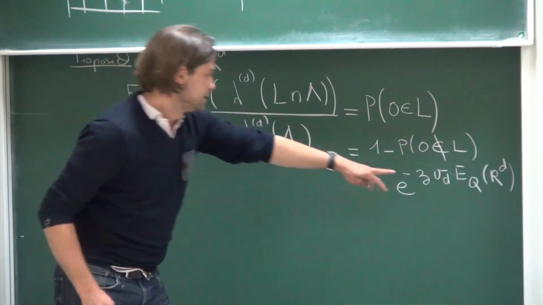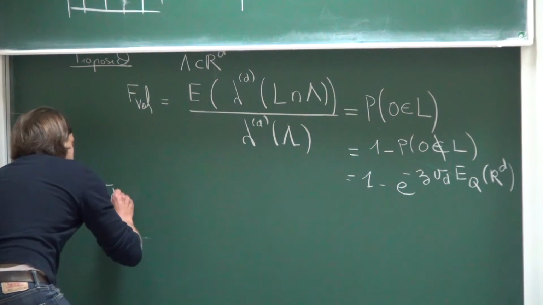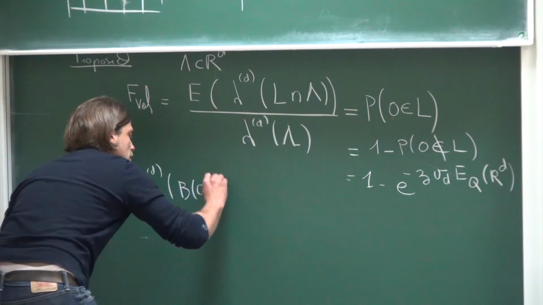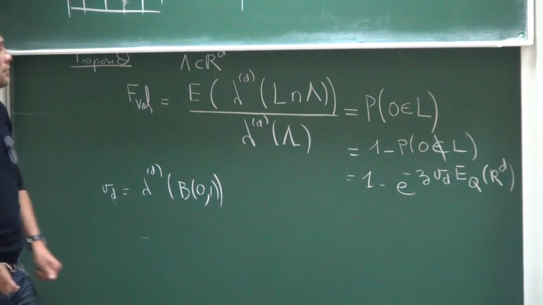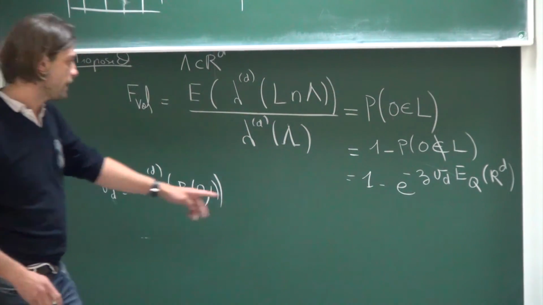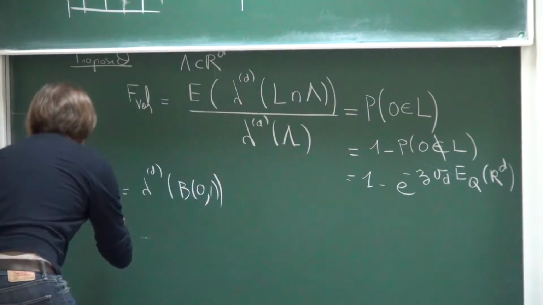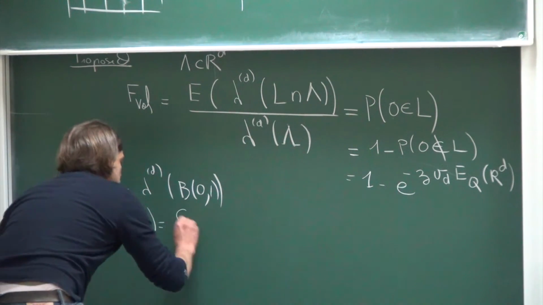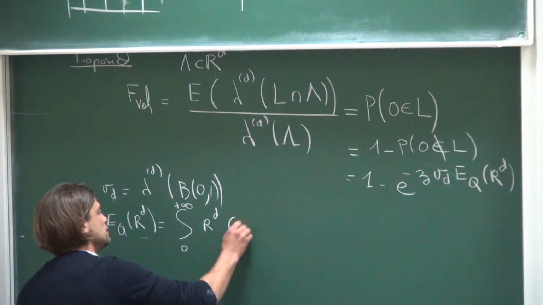Here z is the intensity, and V_d is the volume of the unit ball. So V_d is just the Lebesgue measure of the ball with radius 1 in dimension d. You know the formula, but I just write V_d. And this quantity is the d-th moment of R under the law Q, the expectation of R to the power d under Q(dr).